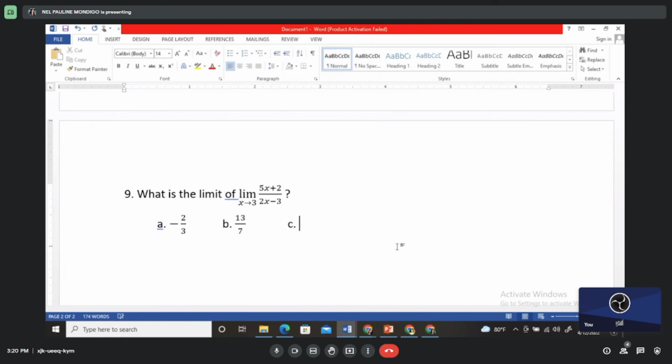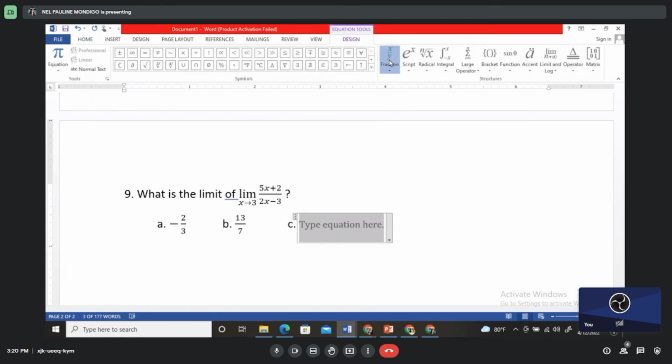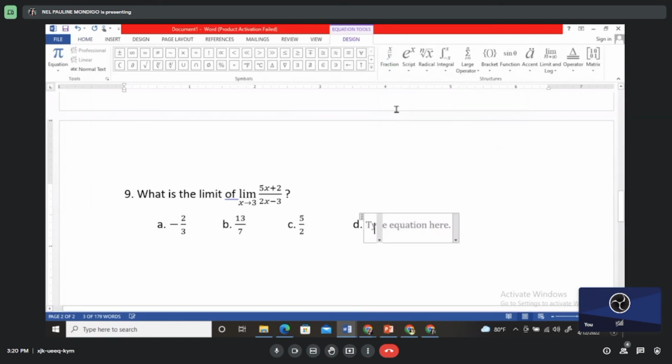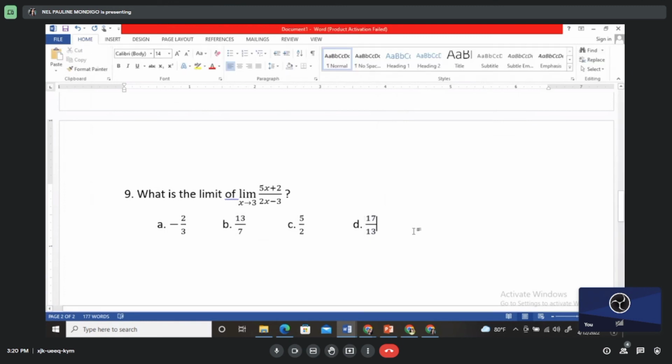C, Alt again, then insert fraction, 5 over 2. D, fraction, 7 over 13. That's it for our item number 9 about the limit of a function.